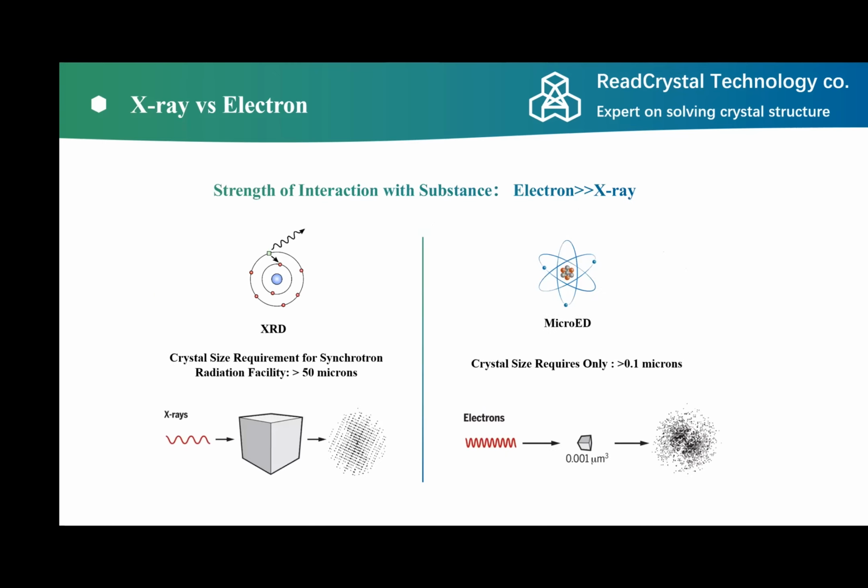The basic theory behind this is that electrons interact with matter much more strongly compared to photons. So only a very tiny crystal is needed to generate diffraction patterns strong enough, with enough information for us to solve the structure.